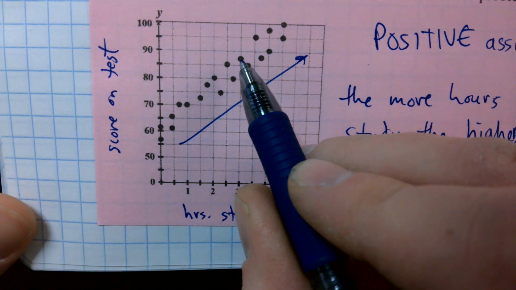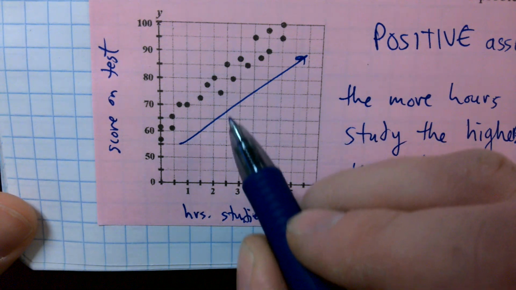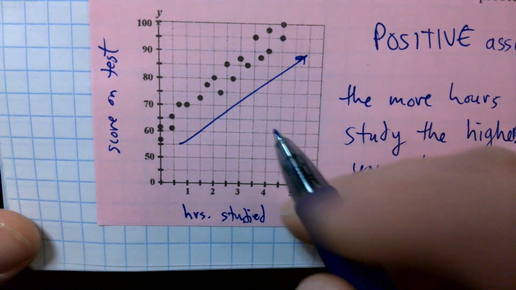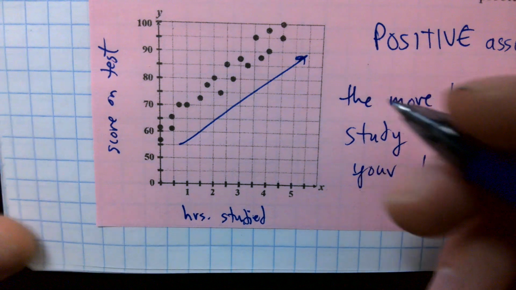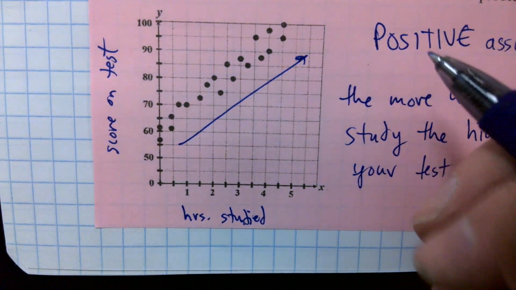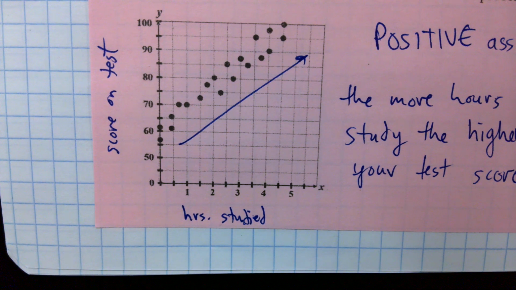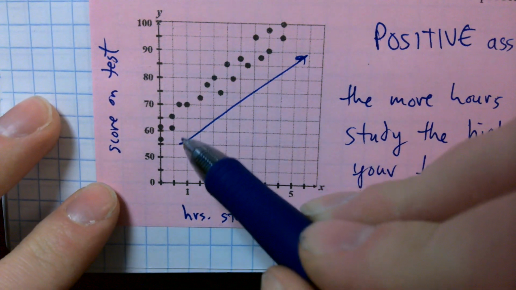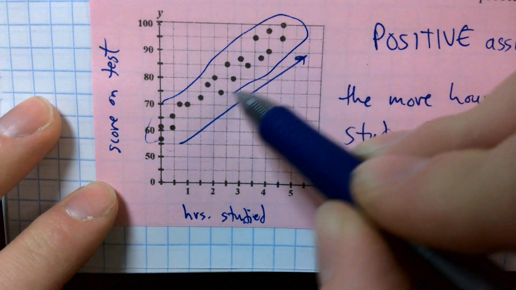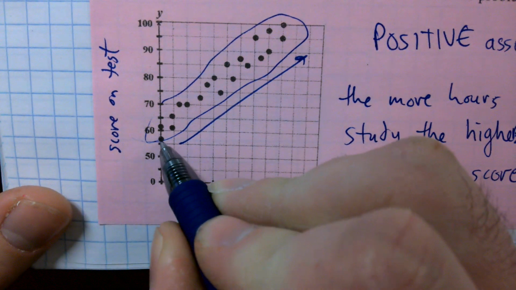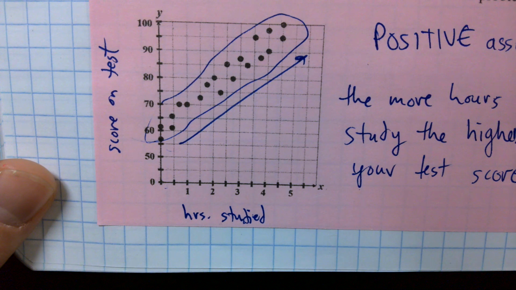This person right next to them only studied 3 hours and scored like an 87.5%. So there are certain instances where people score higher when they studied less, but that's the point of this: we're looking at the overall trend. We can see this data is definitely trending upwards, meaning on average, the more you study, the higher your score. I don't see anyone that studied 0 hours and got 100% on this test.